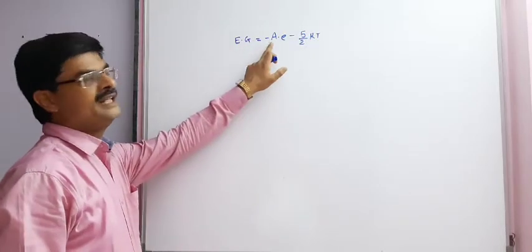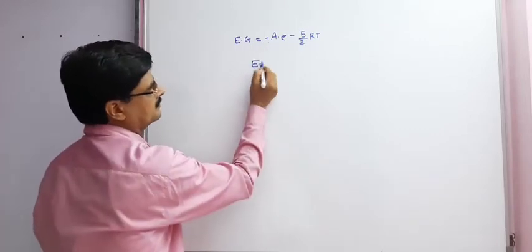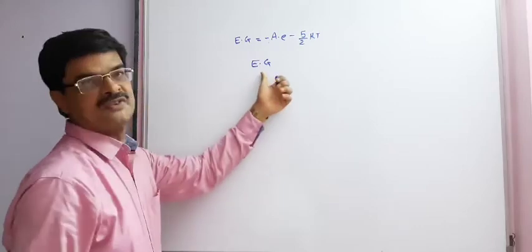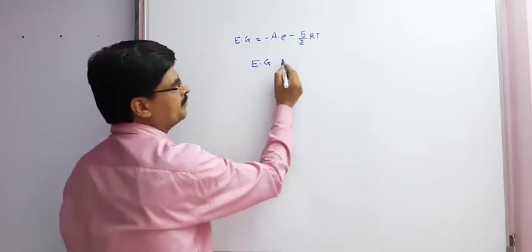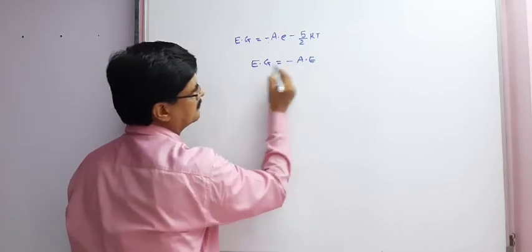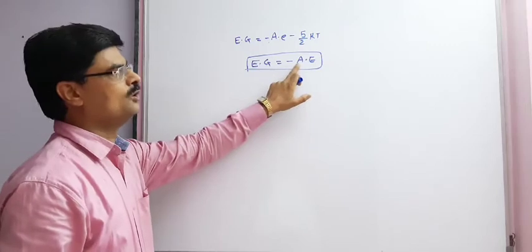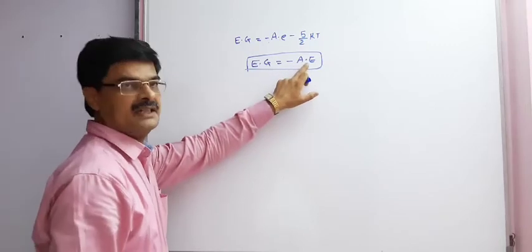So electron gain enthalpy and electron affinity have the same value but different sign. Electron gain enthalpy is equal to minus electron affinity.